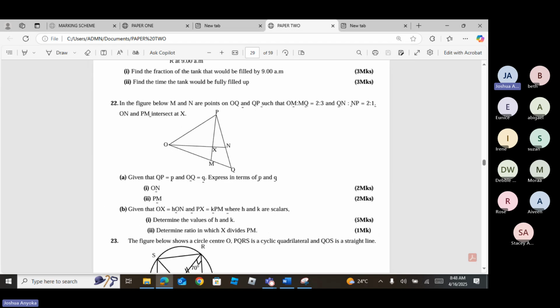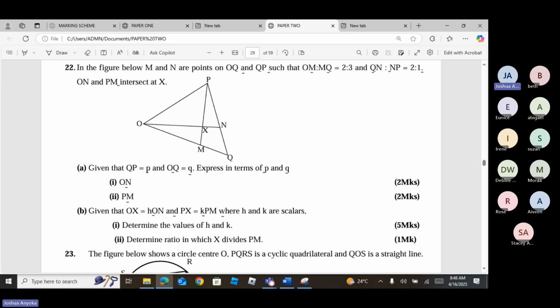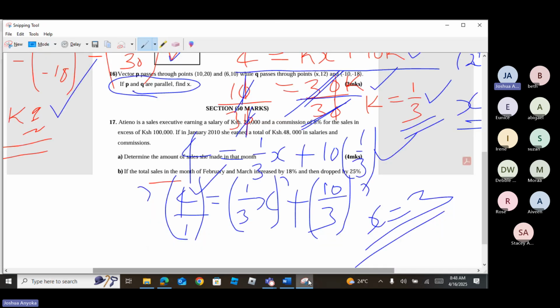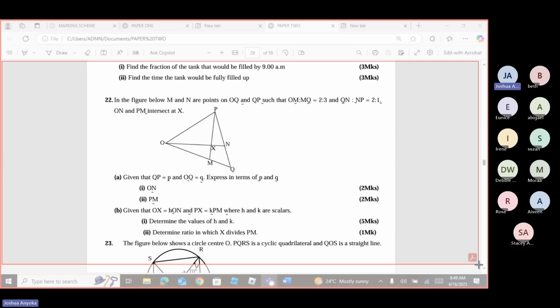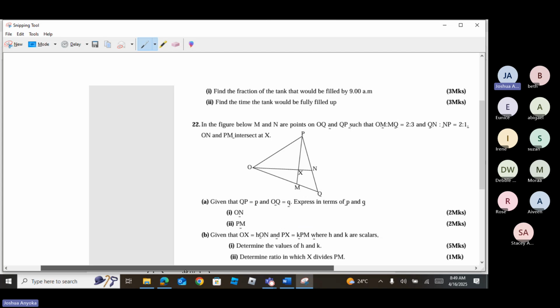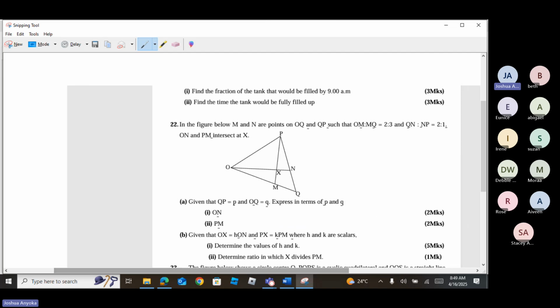Okay, all right, let's work with this. Mtu ajitolee kwa kusoma. Beth, soma hiyo.